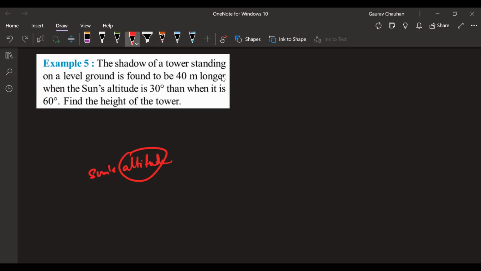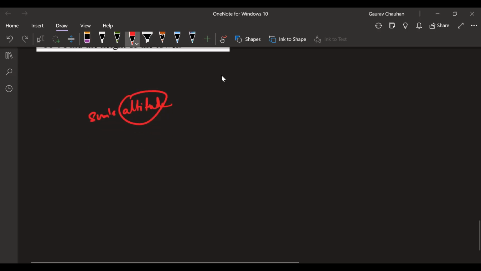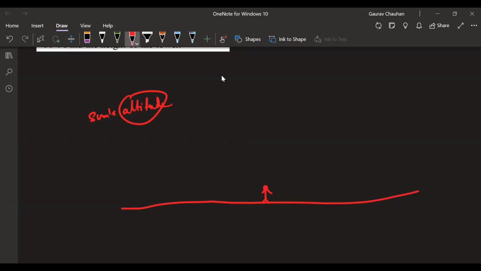And I want you to imagine for a minute, forget this question, okay? Imagine that you are standing on a playground. This is the ground, yeah? So we are looking at it like this. When the sun rises at one corner, somewhere it will rise, that will be east, yeah.